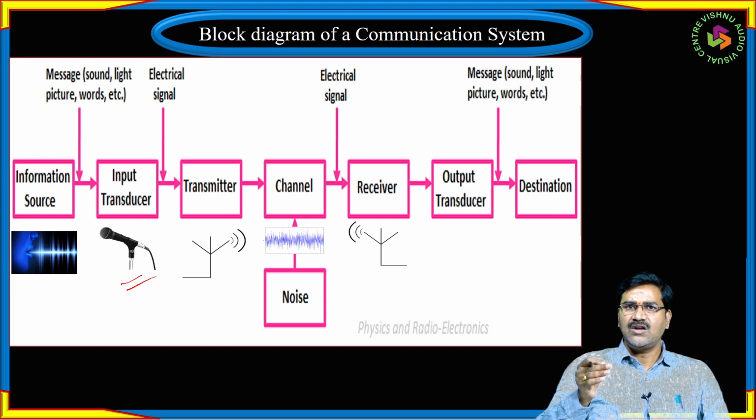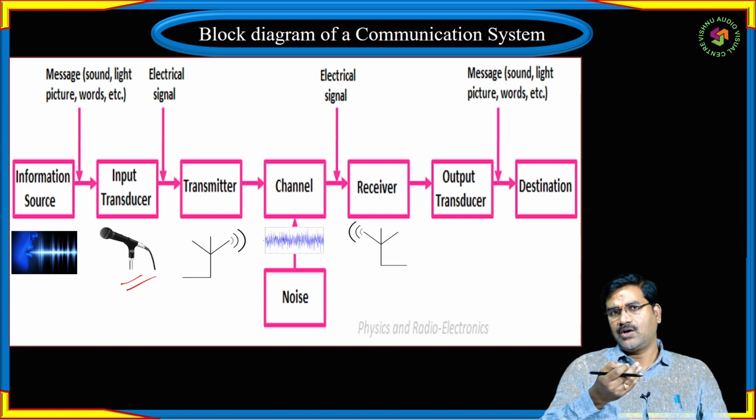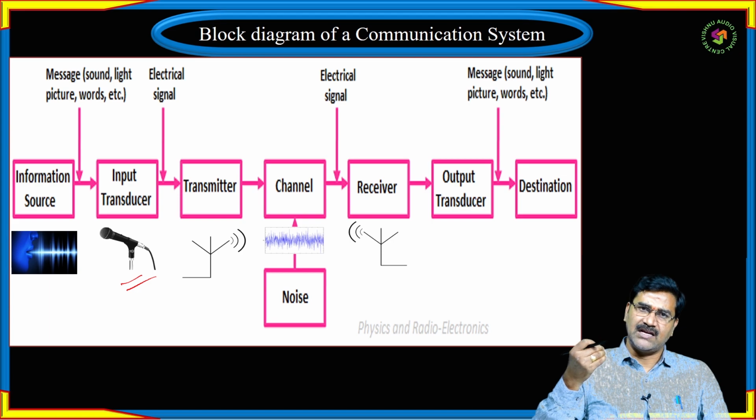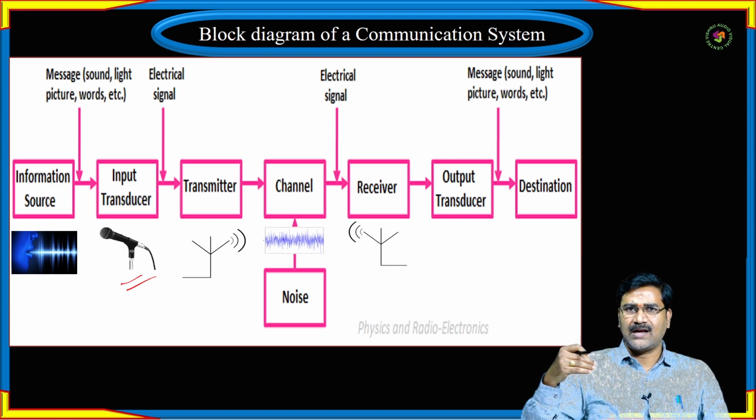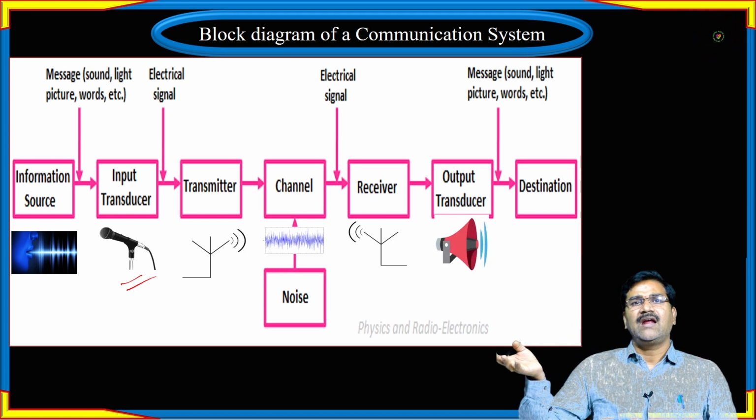For that, again, you make use of a receiving antenna, where the electromagnetic signal will be intercepted by the receiving antenna. That electromagnetic signal will be converted into an equivalent electrical signal. That electrical signal will be given to again a transducer.